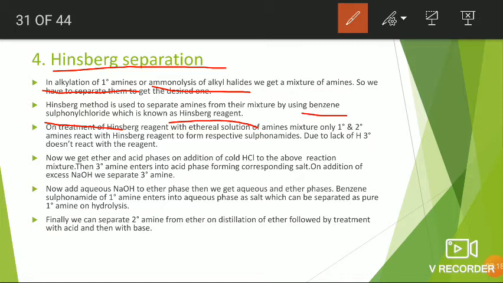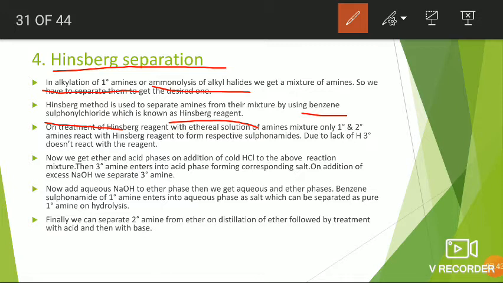Then the reaction mixture forms two layers. One layer is the organic layer, which is mainly ether solution. Generally, the ammonolysis reaction is carried out in the presence of ether. So, the organic layer is the ether layer. The other one, obtained due to the addition of HCl, is the acid layer or aqueous layer.